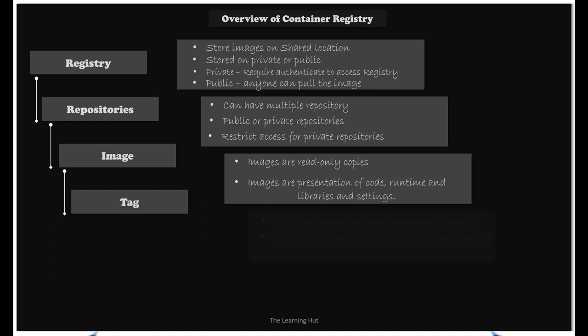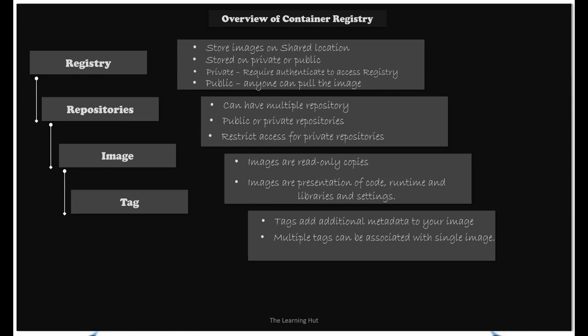Why do we need a tag? Tags add additional metadata to the image. Suppose we build an image called web app image, and I want to update it. The web app image is already available in the same registry. So how can you update that image?